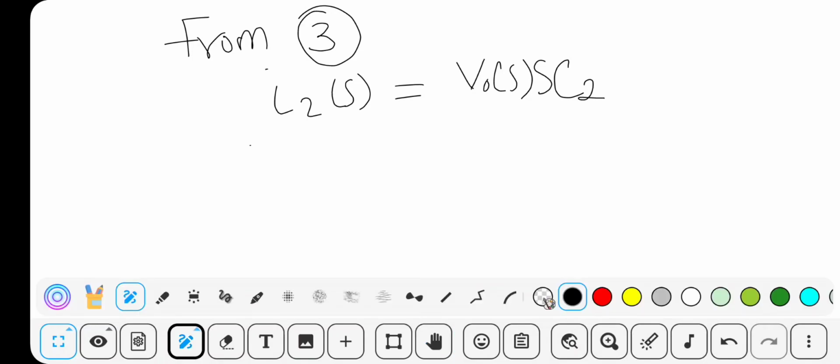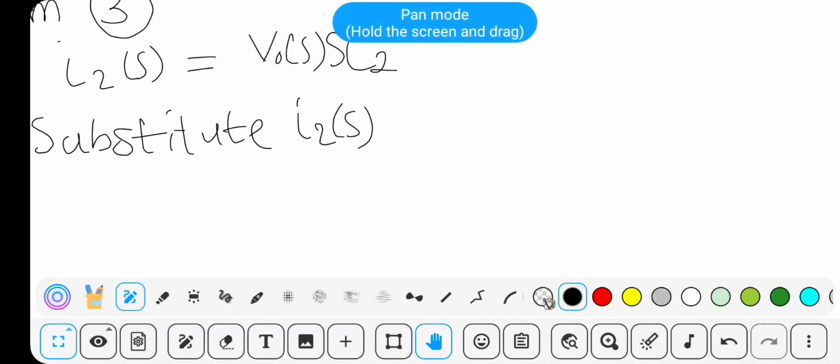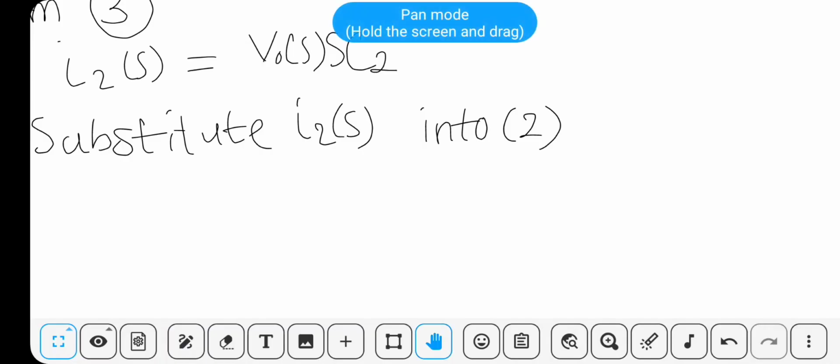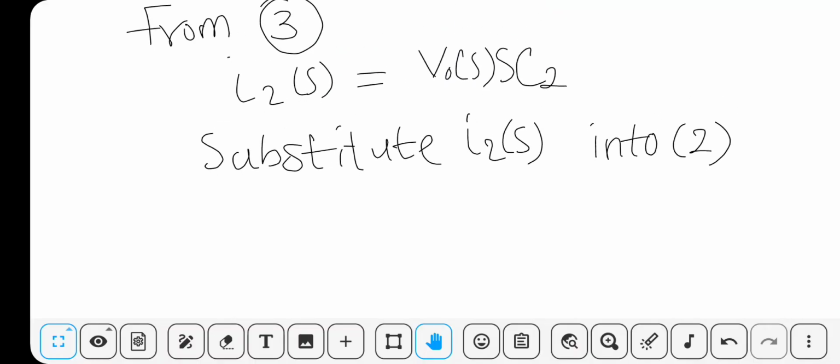Now we are going to substitute I2 of S into equation 2 in order to find I1 of S also in terms of the output voltage.